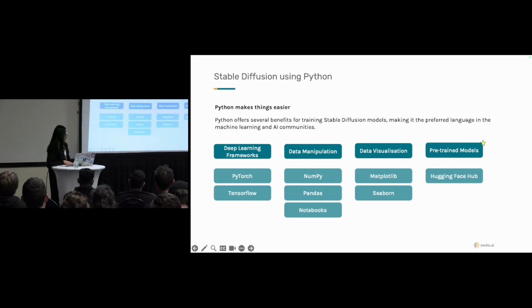Now, sometimes you may want to manipulate your input to output data to create visualizations and find some insights in your data. For that, we made extensive use of Jupyter Notebooks and cloud compute resources, so AWS. And finally, when it comes to accessing pre-trained models, Hugging Face Hub provides a wide range of open source machine learning models.